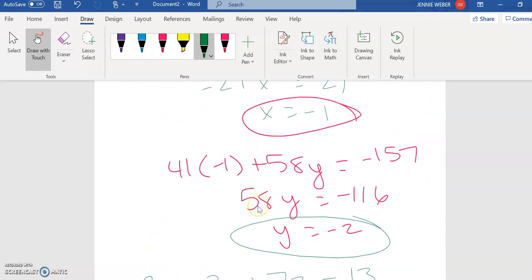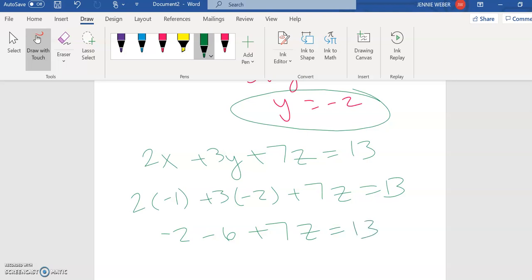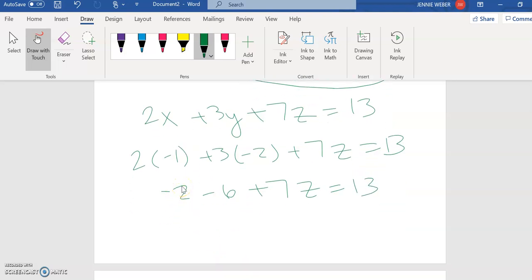So this was 2 times -1 plus 3 times -2 plus 7z equals 13. So -2 minus 6 plus 7z equals 13. So let's see here. This is -8 plus 7z equals 13.